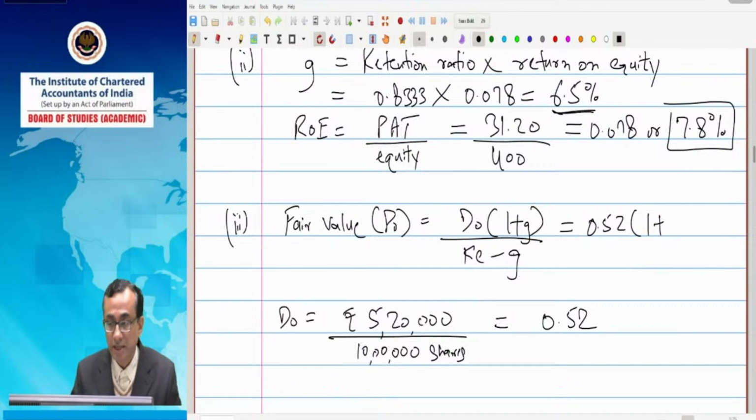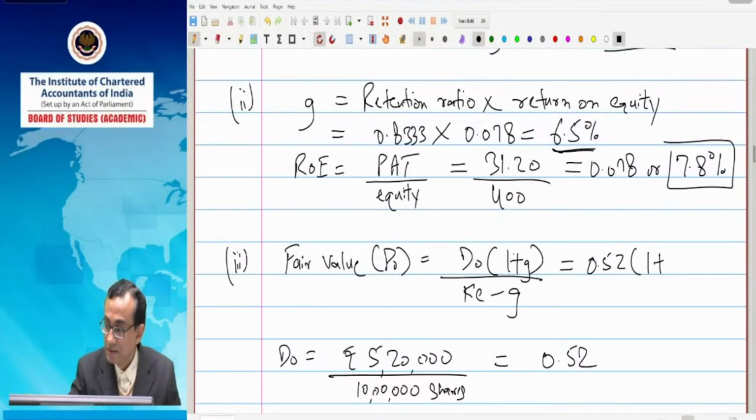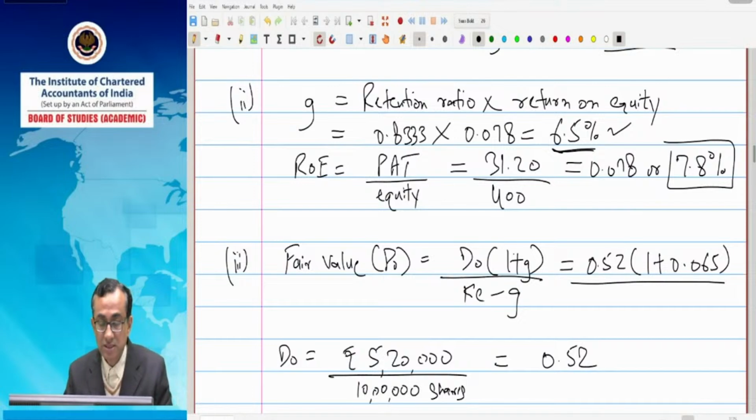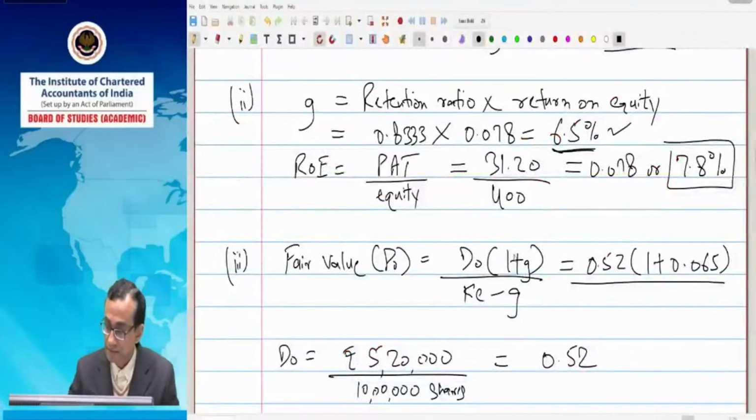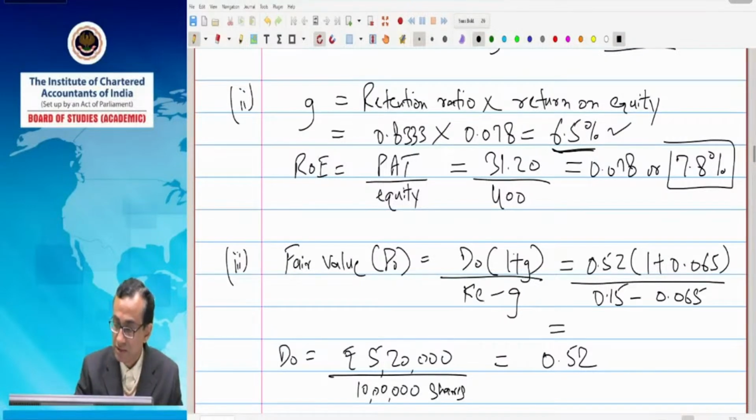The growth rate we have calculated is 6.5%, 0.065. The discount rate is given in the question, 15%, minus G, 0.065.